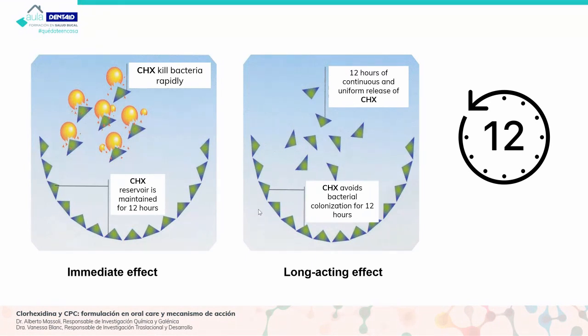So the molecules of chlorhexidine are gradually released, especially due to the action of the calcium ions that are secreted by the salivary glands. So the chlorhexidine molecules are released slowly. This way it can control the bacterial overgrowth for many hours after the use. In fact, there are some studies that found low concentrations of chlorhexidine in the saliva of some patients, preventing colonization during that time.